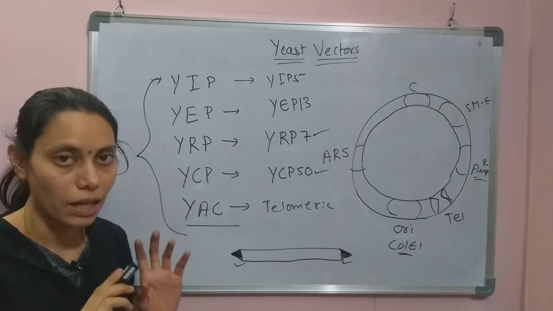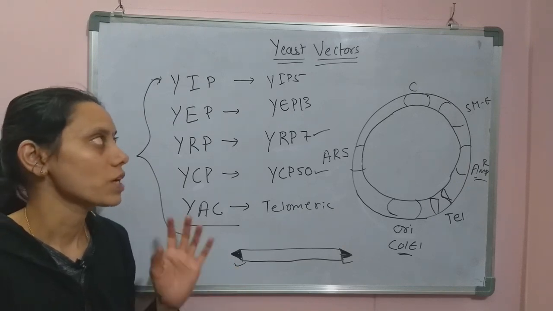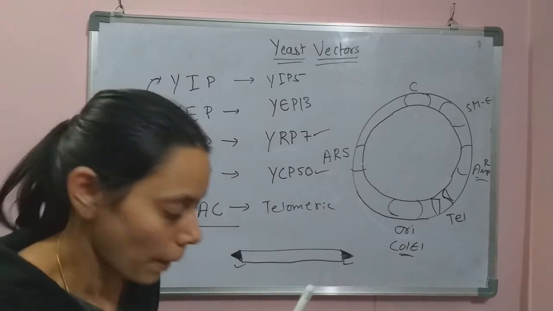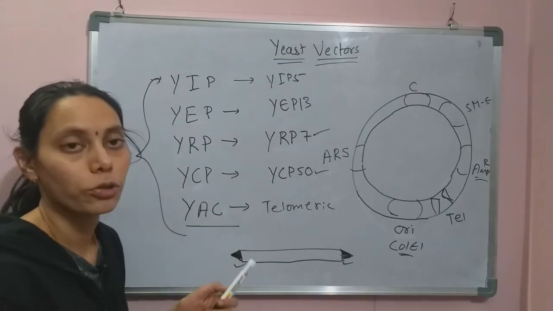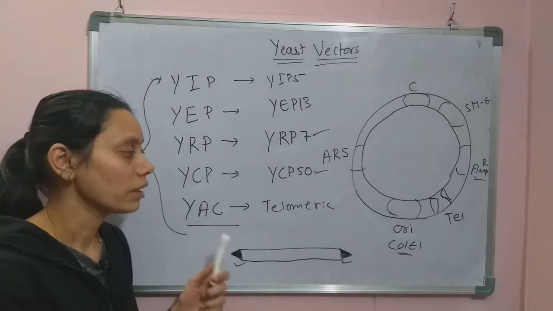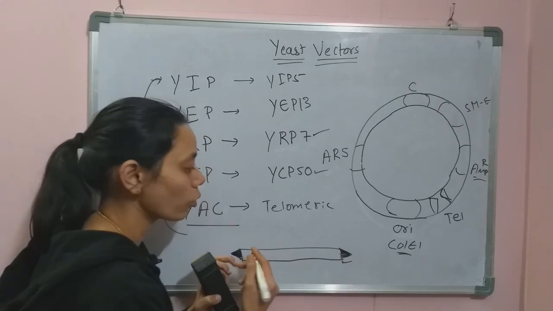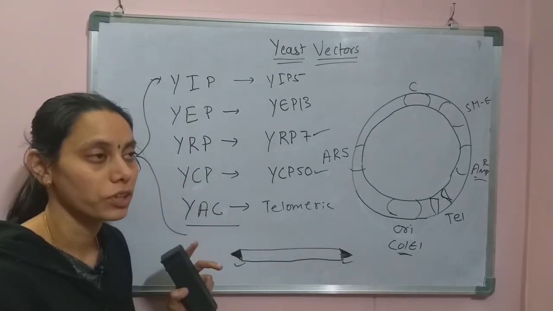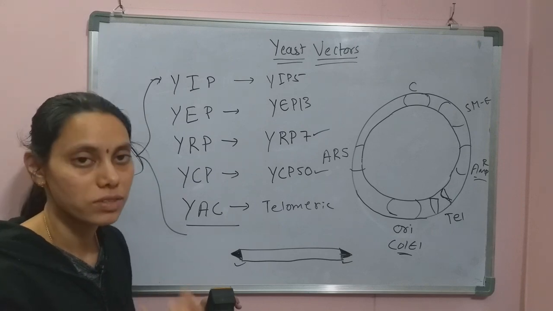So these are the basic characters and differences between the different types of yeast based vectors. These yeast artificial chromosomes are basically the advanced type of yeast based vectors which can clone very large fragments of DNA, such as 100 kilobase pairs to 300 kilobase pairs.